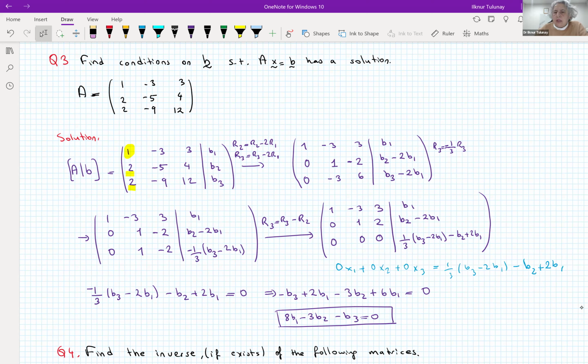Right? This side is 0, and this side cannot be something else. It is a contradiction. It is impossible.